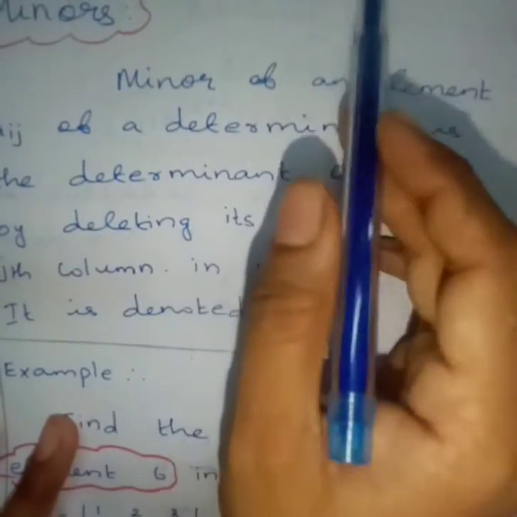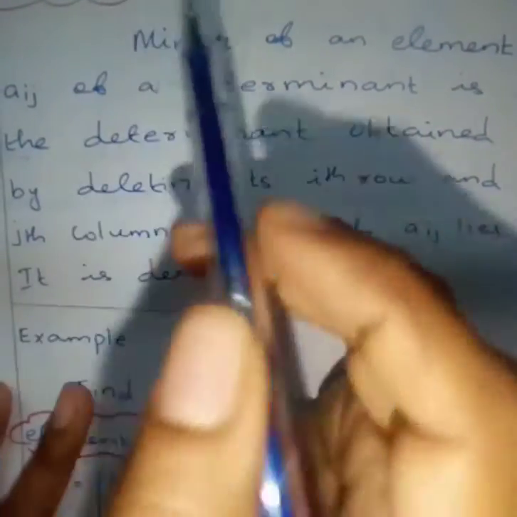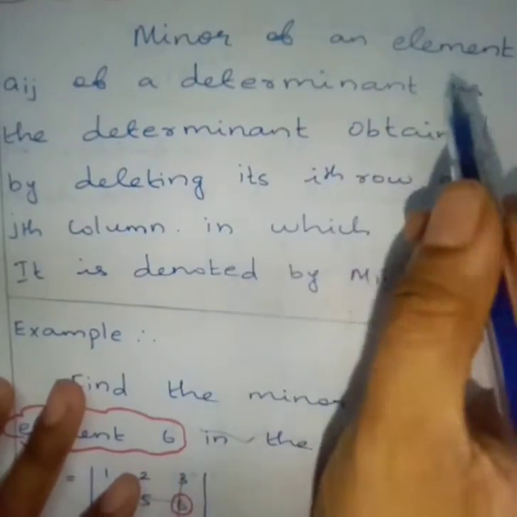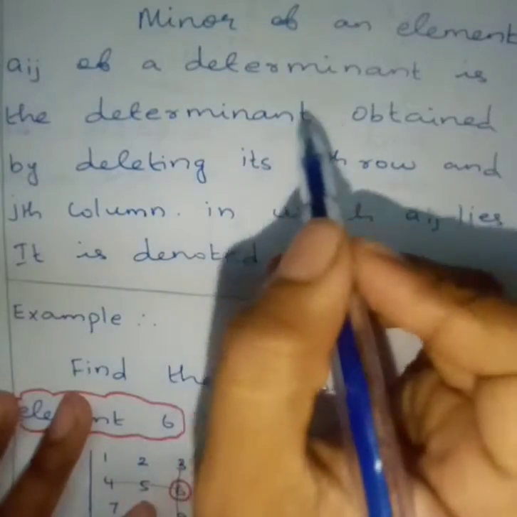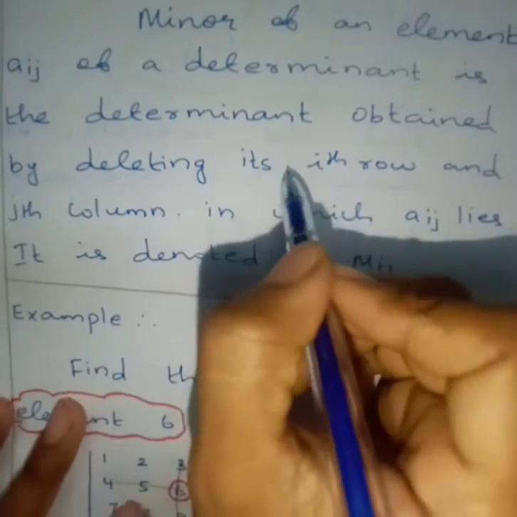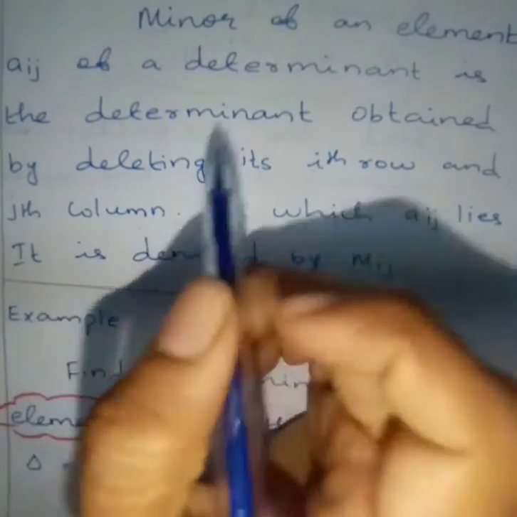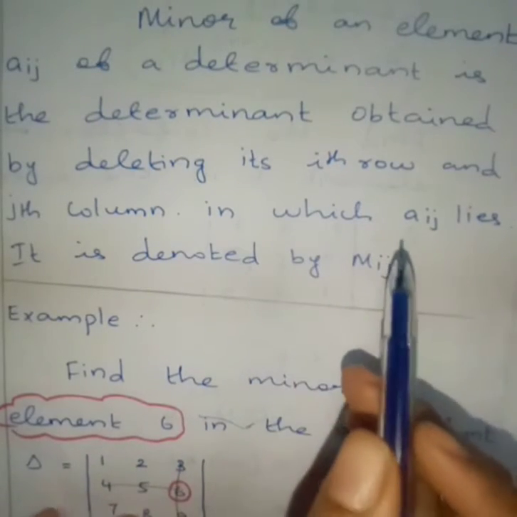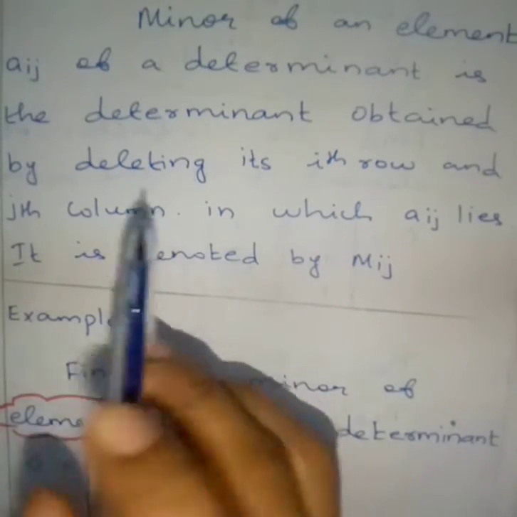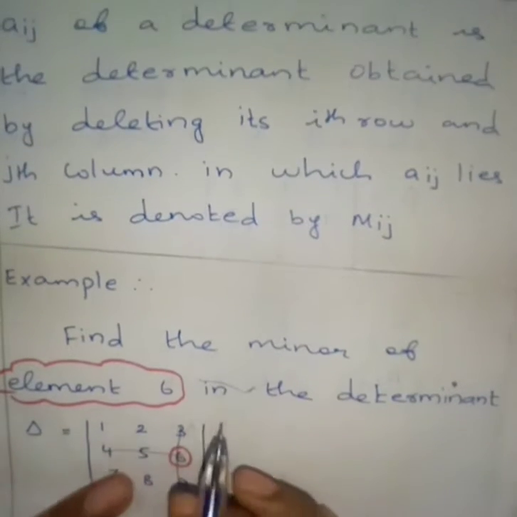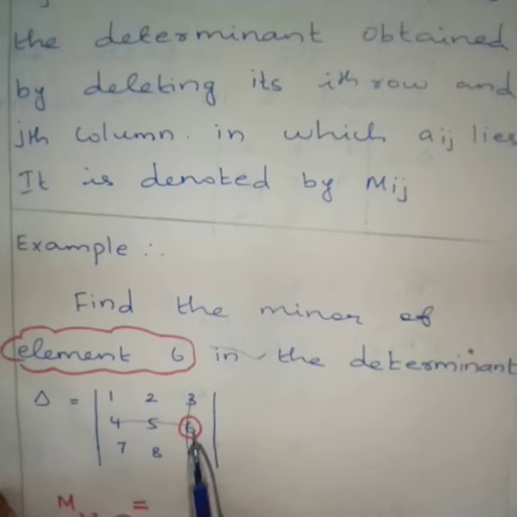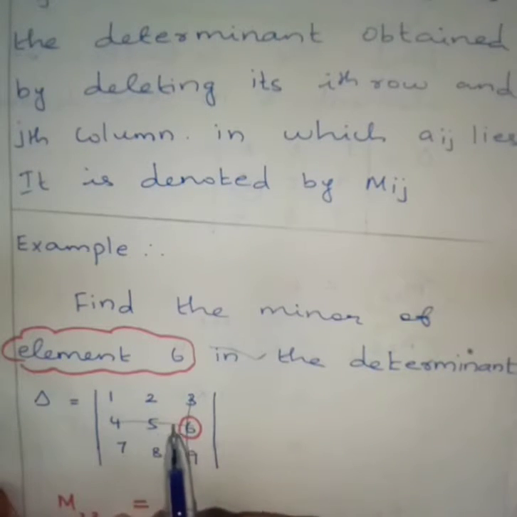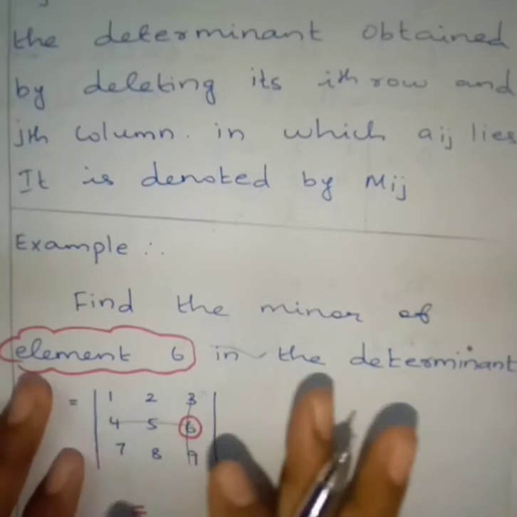Minor and cofactors. So what is a minor? Minor of an element Aij of a determinant is the determinant obtained by deleting its ith row and jth column in which Aij lies. Okay, so generally, suppose this is the question, find the minor of the element 6. So minor means what is that? Where it is lying, that row and that column we should eliminate.